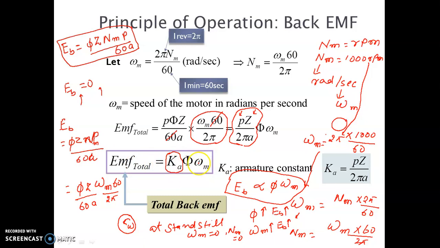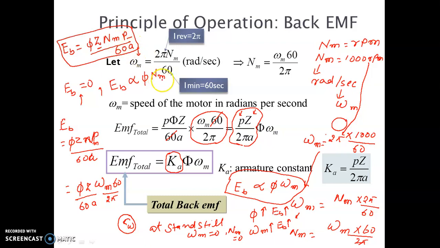Both relations will be used, and you can keep either for your reference. Here Z is constant, P is constant, the poles are constant and the parallel path is constant. So from this relation you can also say that EB is proportional to flux phi and Nm.